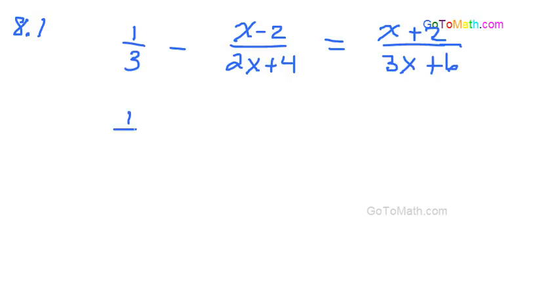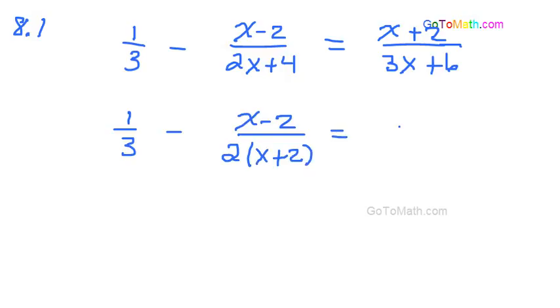Right, and so we're going to go ahead and rewrite this. So factoring that 2 out, we have x plus 2 is equal to, and then we're going to factor out that 3, x plus 2.